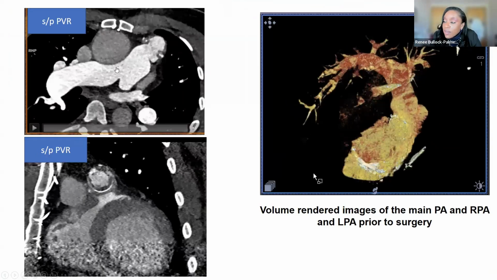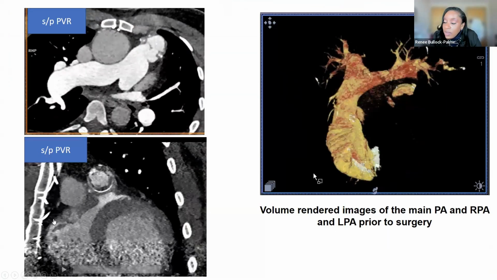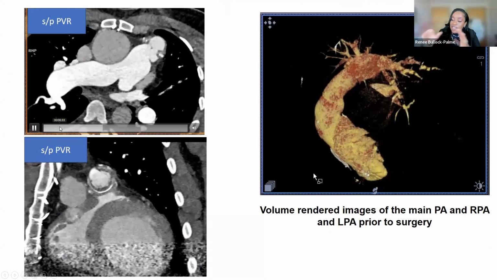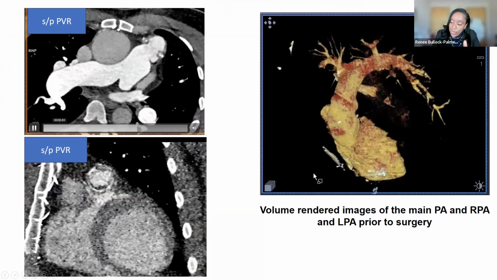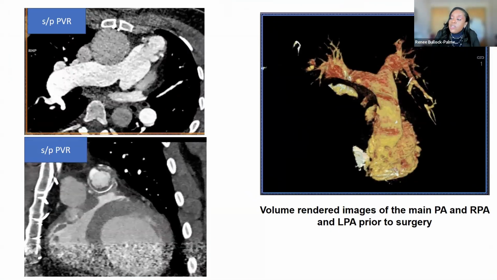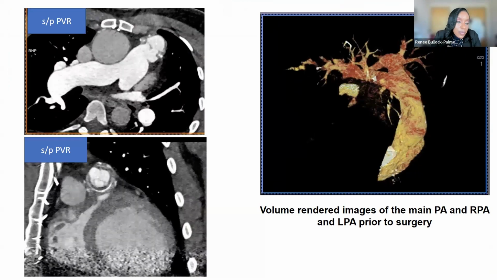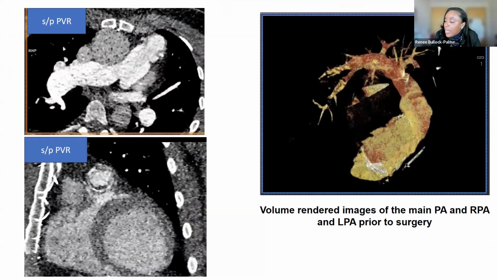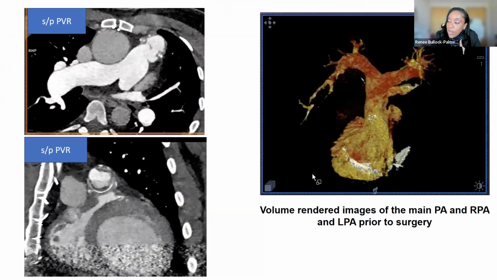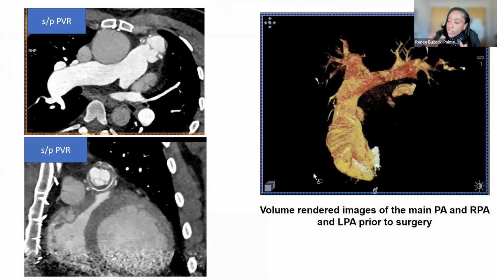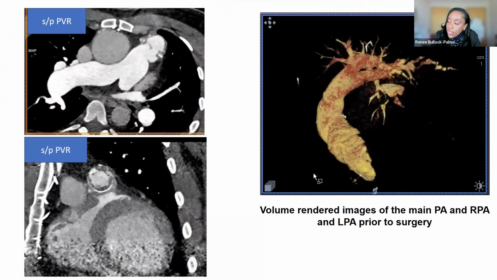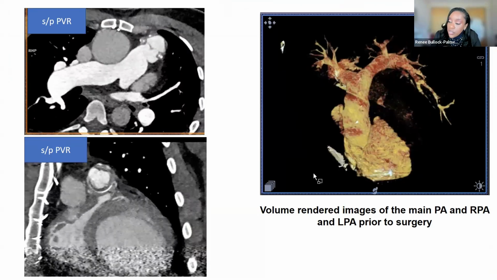It's another case of a patient that, in this particular case, had pulmonary valve insufficiency and then had pulmonic valve replacement. And this patient was sent to us just to see how they were doing in terms of the valve, if it's functioning well, and also the relationship to other structures.